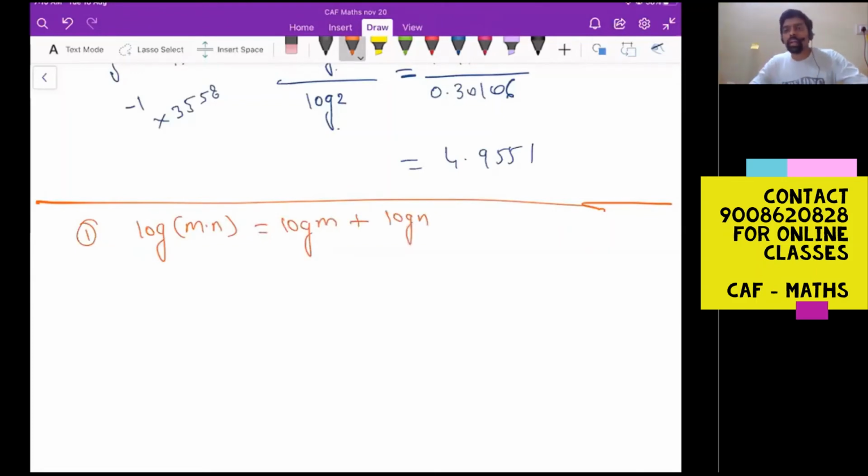Remember, we are learning common logarithms, not Neperian logarithms. What do you mean by common logarithms? The base will be 10. Got it? So log of m into n can be written as log m plus log n. This is the first property.